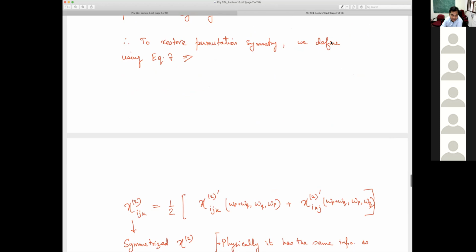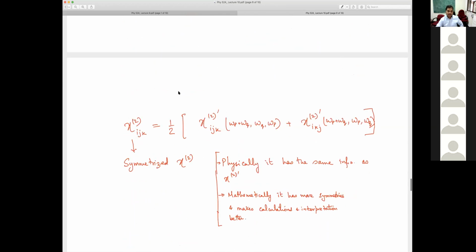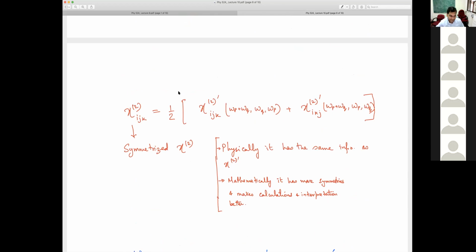To restore the symmetry, we can just rewrite equation 7 by forcing this symmetry. So we already defined this chi2 prime. So I will define the effective symmetrized second order susceptibility as half of whatever we defined in equation 7 plus its brother with just changed indices, let's say.